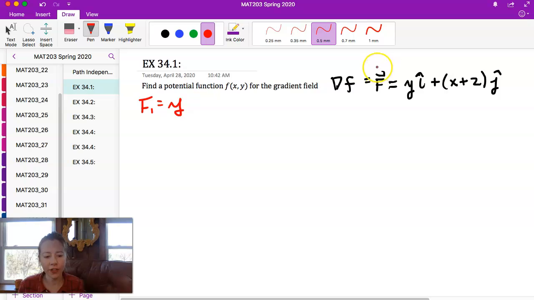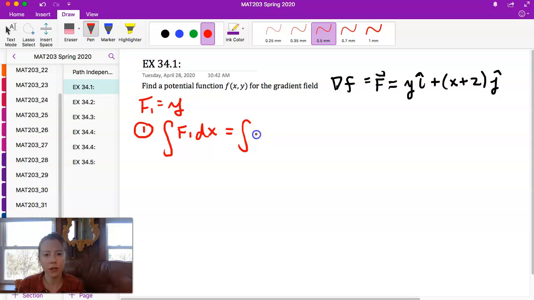And so our first step is to integrate f sub 1 with respect to x. So we're going to integrate f1 dx, which is going to give us the integral of y dx.